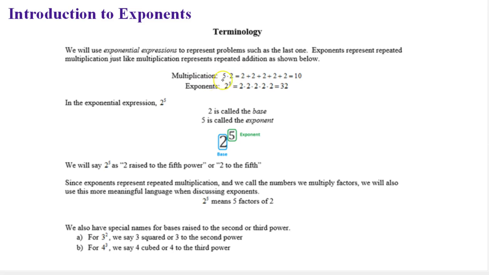So remember, we said if we had 5 times 2, we could think of that as 5 copies of 2, or 2 added to itself 5 times.